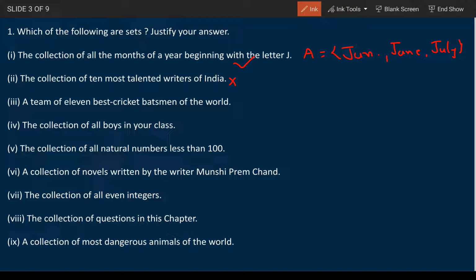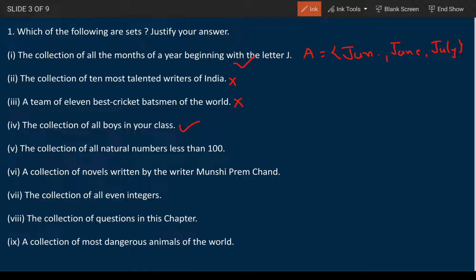The third question is a team of the 11 best cricket batsmen of the world. Here also, if we ask person to person, there is a change in the elements of the set, so we don't consider it a set. The collection of all the boys in your class is also a set.